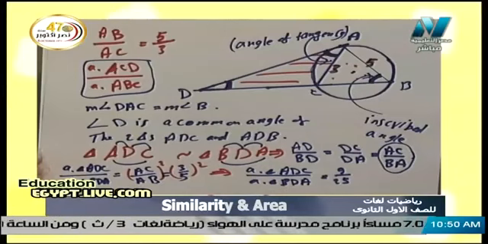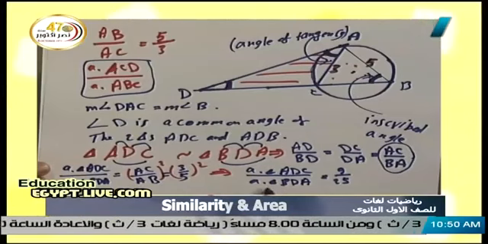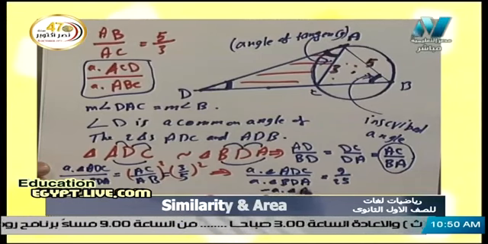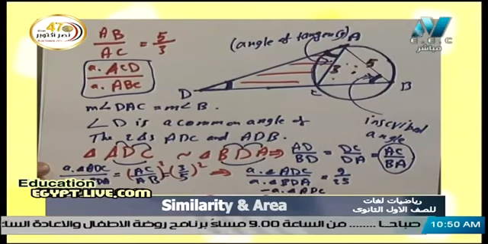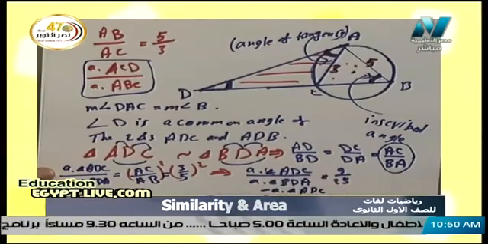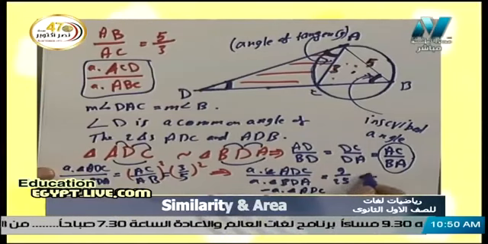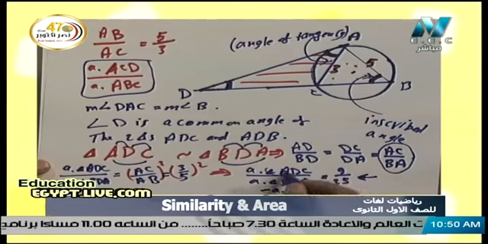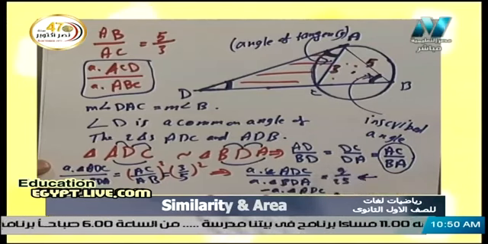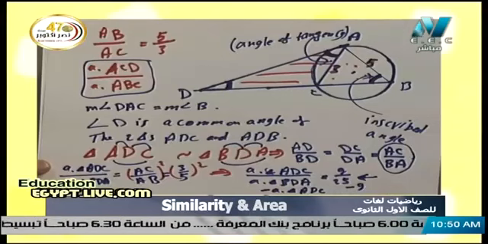This one. And we must subtract the area of triangle ADC. Where is the triangle ADC? It's on the top here, and we must do the same with the numbers. ADC here is 9, its ratio or its parts equal 9. So we subtract 9 from the denominator here.